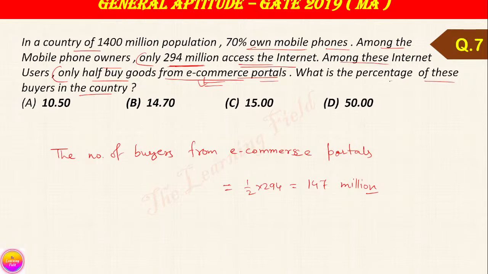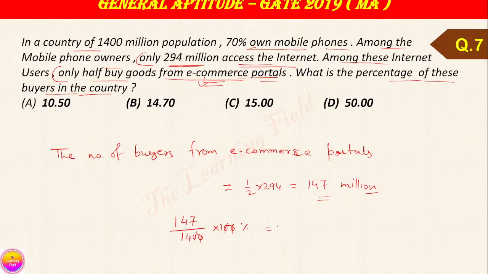Now, what is the percentage of these buyers in the country? So we have to find the percentage. What is the percentage of this 147 million of the country population? This is a simple formula. So this is 147 by the total population of the country, which is 1400, into 100%. We simply calculate this.